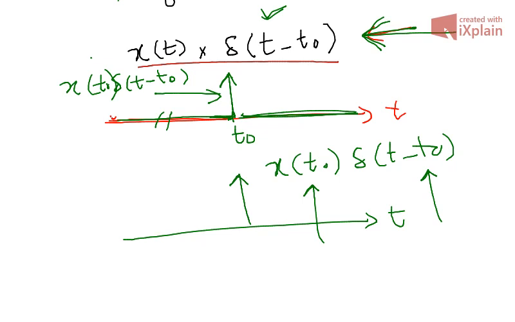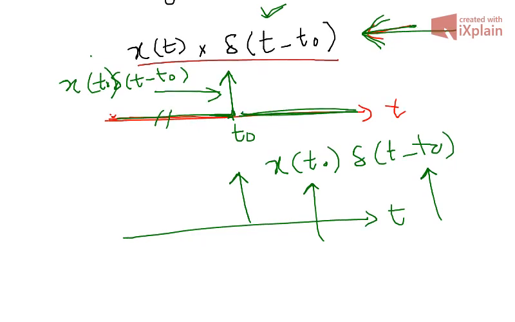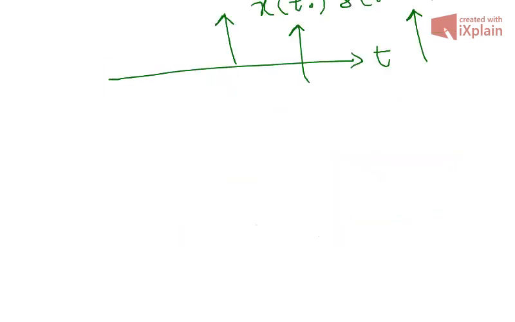So if you want to find the sample of x of t at some other instant, for example 2t naught, you can multiply x of t with delta of t minus 2t naught, right?